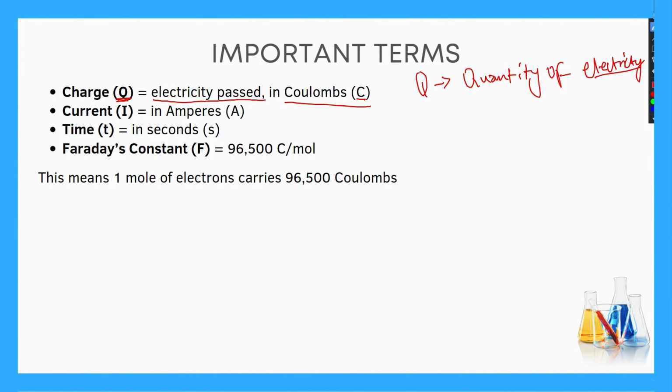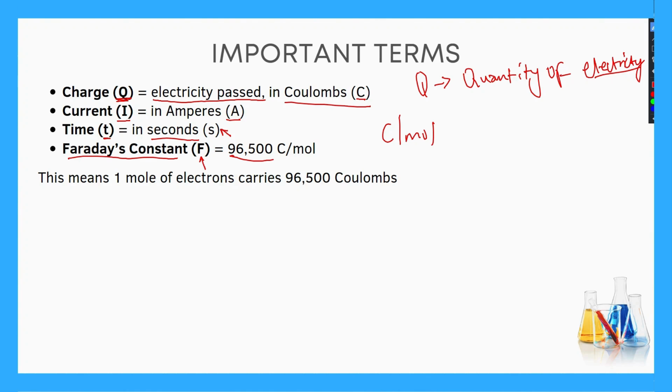The next terminology is current, I, and it is measured in amperes, denoted by a capital letter A. The next one is time, t, measured in seconds, denoted by the letter s. And then we have the last one, which is Faraday's constant, F, measured in coulombs per mole, and it has a value of 96,500.